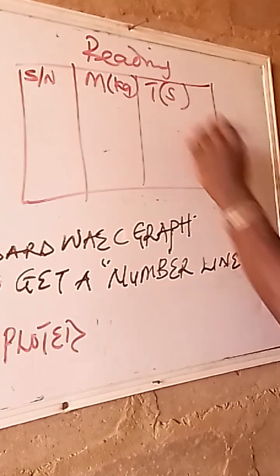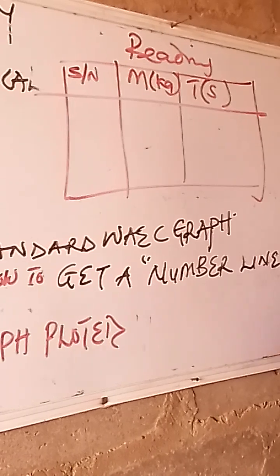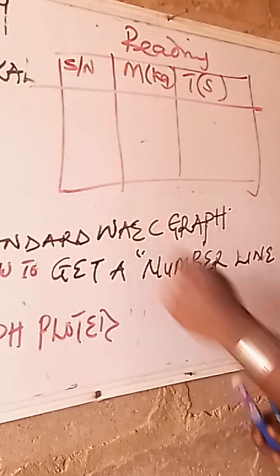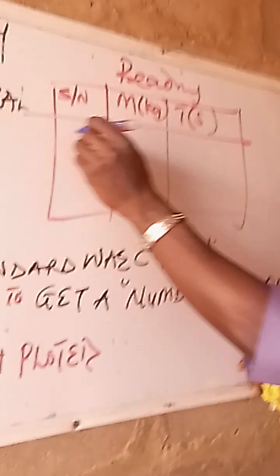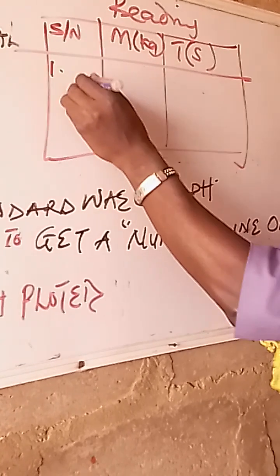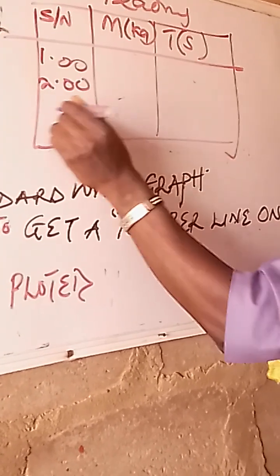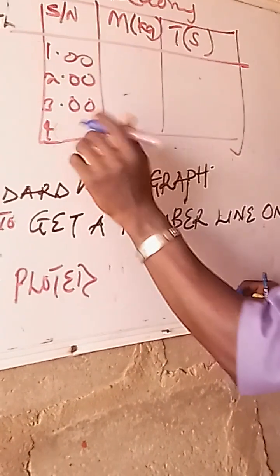Here you put seconds. Now you match it like this. Maybe the instruction is you must do it from 1 to 5. Are we together? Or 1 to 4. So you will start from serial number 1, 2, 3. You will start from 1.00, 2.00, 3.00, 4.00.